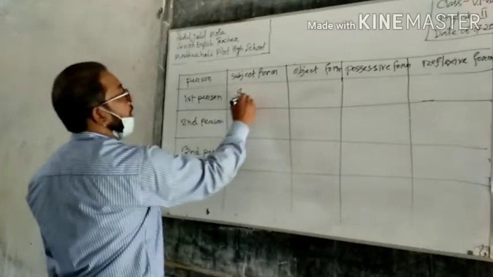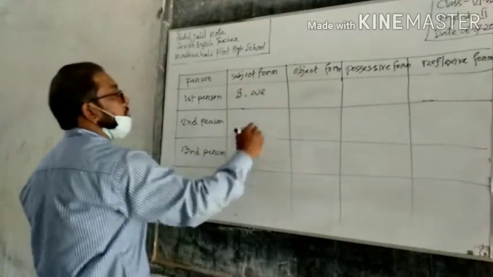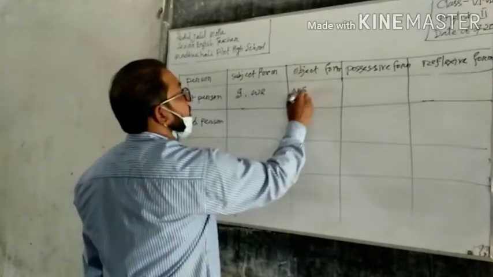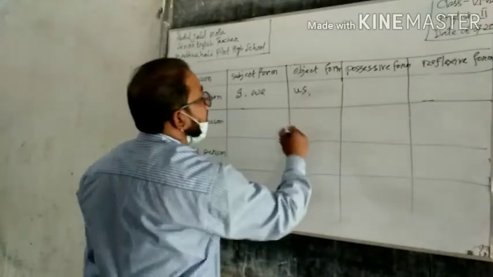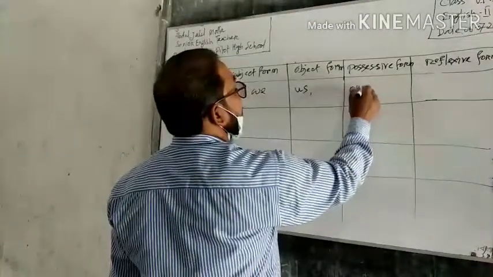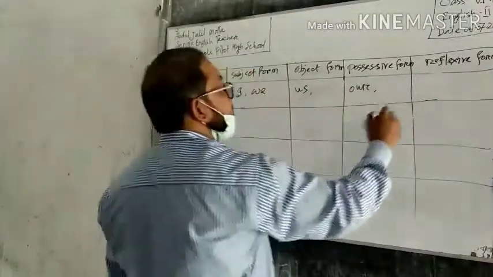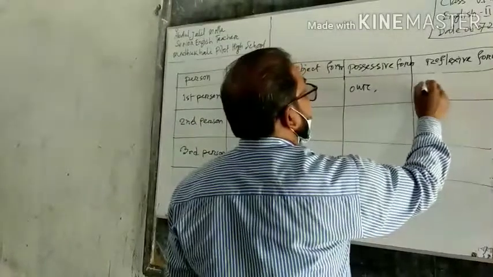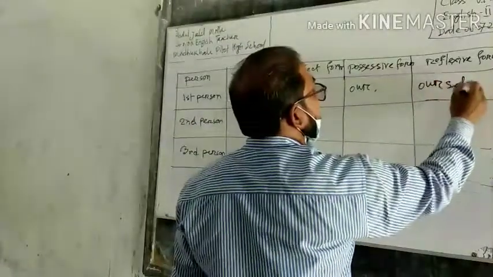Subject form I, we, object form us, possessive form our, reflexive form ourselves.